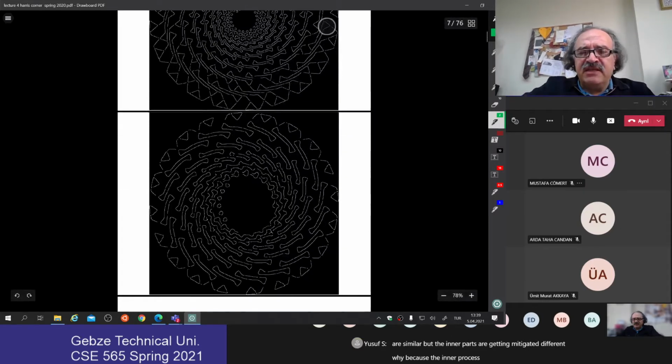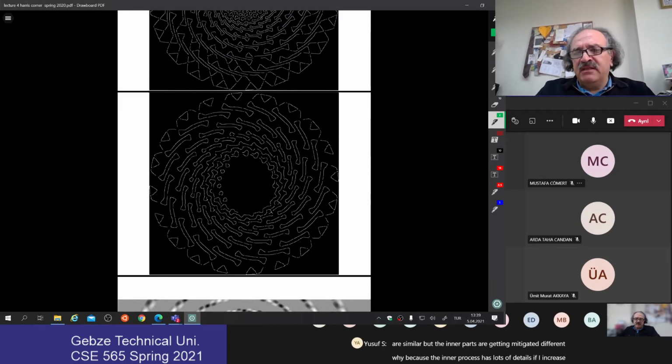If I increase the Gaussian amount, then I started getting this kind of effects. Okay, so this scale thing is important. By changing the scale, I am getting different features.